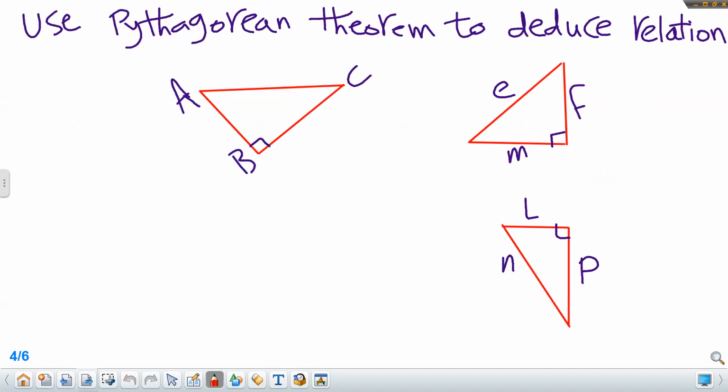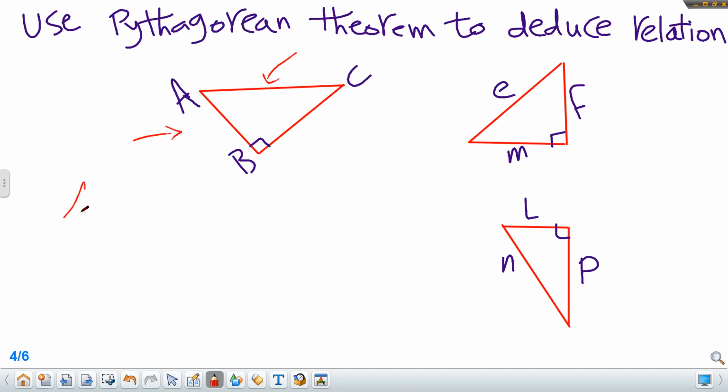Okay, use the Pythagorean theorem to deduce the relation between the sides. First one, for example: first you must mention the hypotenuse. In this triangle, what is the hypotenuse? Yes, good, it is AC, because AC is opposite to angle B, which is right.